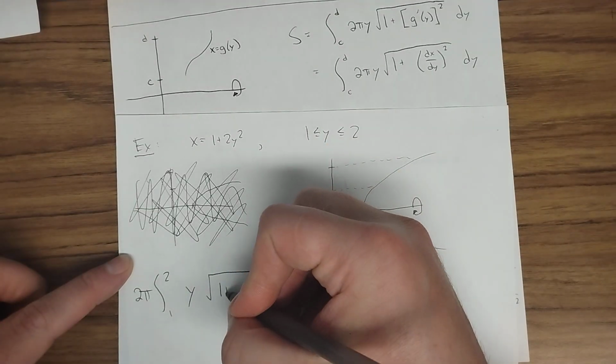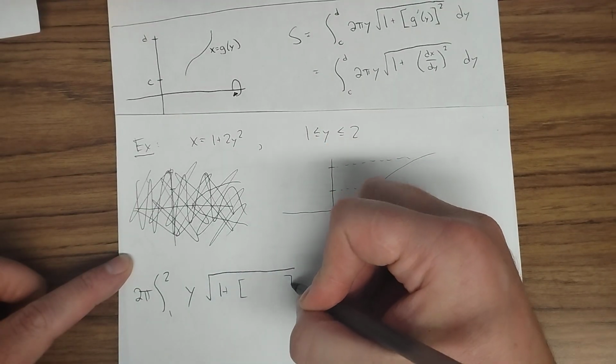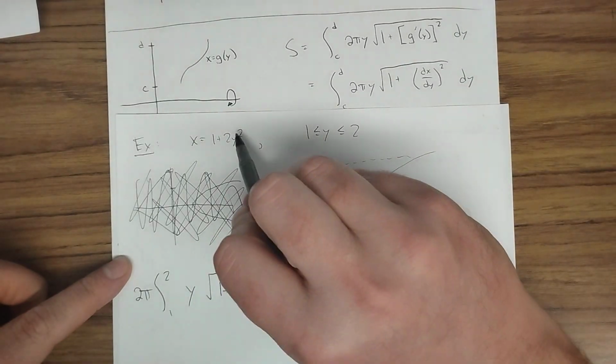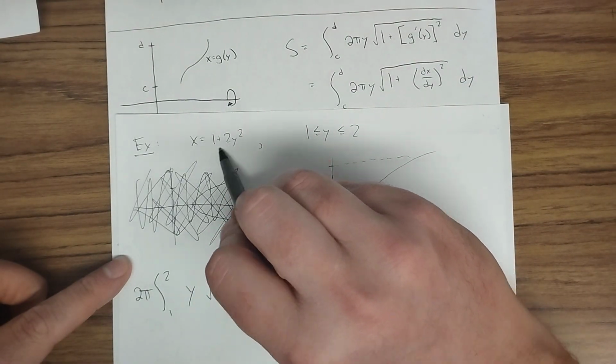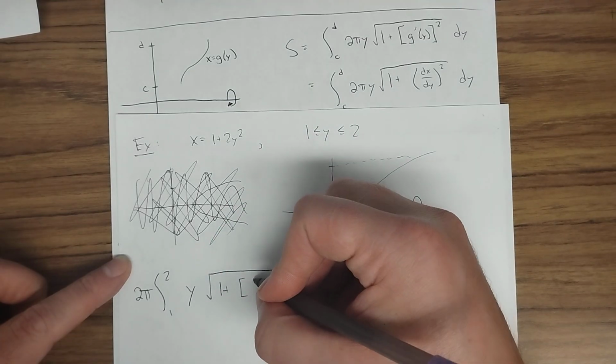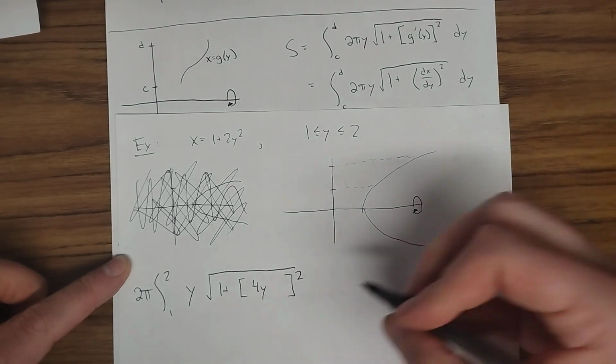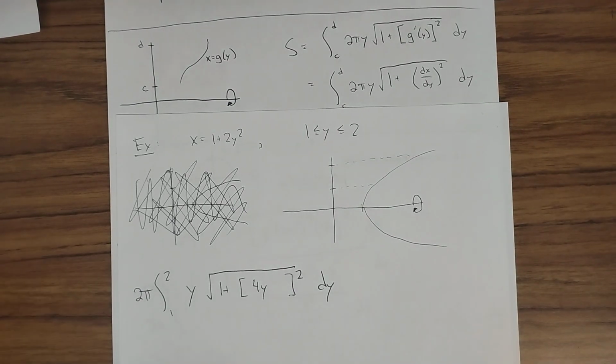And then this is 1 plus this g prime of y, so this is my g of y, so I'm doing the derivative of this, which would just be a 4y. So that's what I've got.